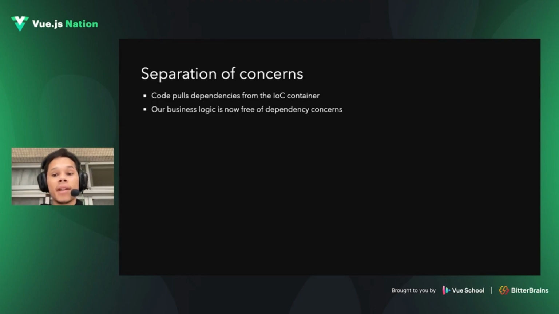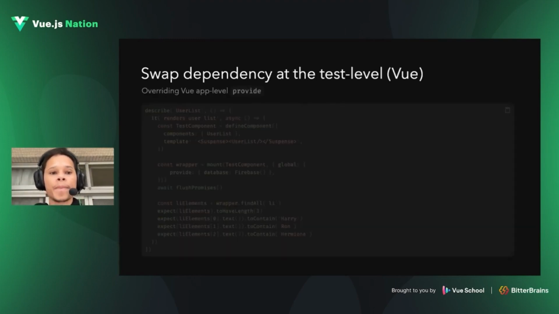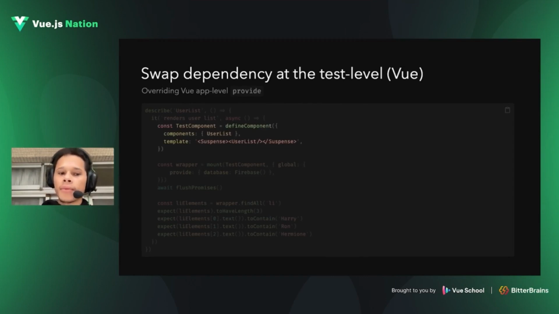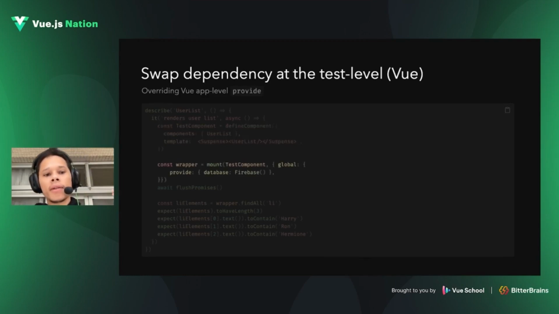Let's see what this unlocks in our test. We can now swap dependency at the test level. This example uses Vue, so I have to wrap my component in a suspense so that we can resolve top-level await. But we can see here that when we mount the component, we can inject a database at the Vue instance level.